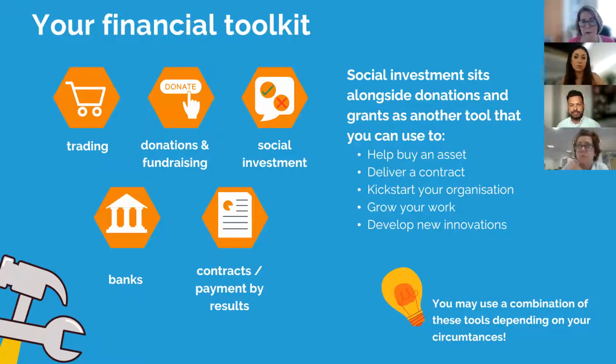It covered in the video these particular areas that you might want to think about social investment for, because we always say it's really good to have an idea of what you might want to use it for. So is it to help you buy an asset? That's often a building, but it can be anything that a loan can be secured on. Delivering a contract, maybe to cash flow it. Kickstarting your organisation. Notice we didn't say start, and we can perhaps come back to that.